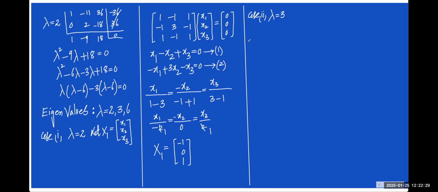If lambda is equal to 3, your matrix will be 0, minus 1, plus 1, and here it is minus 1, 2, minus 1, 1, minus 1, 0, and the corresponding vector we are taking as x1, x2, x3 equal to 0, 0, 0.